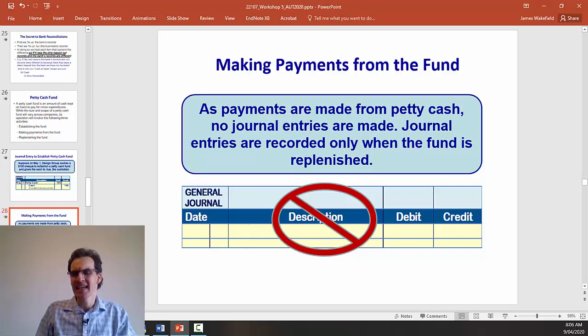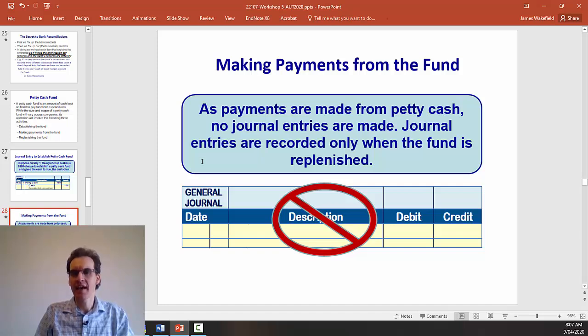If someone wants to make a small payment, the custodian generally requires that person to complete a form which explains why they want a particular amount of cash, and how much they are taking from the petty cash fund. When that person uses that cash for that purpose, they bring back the form, exactly how much they spent of that cash, and they attach the receipt to that form that relates to what they spent the money for.